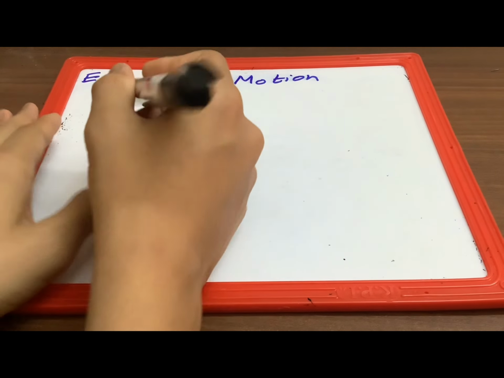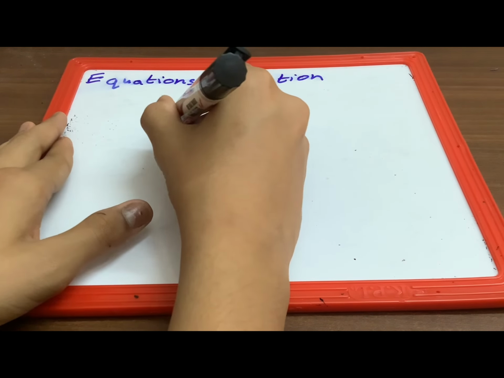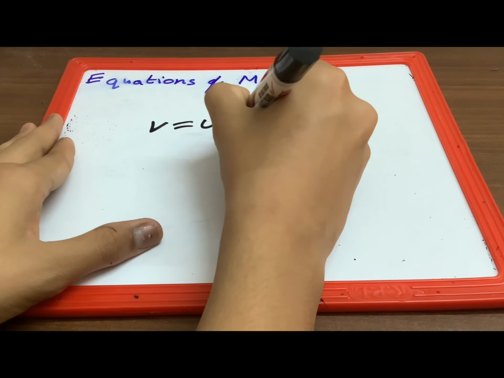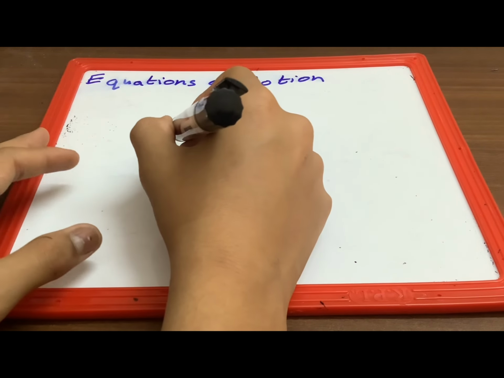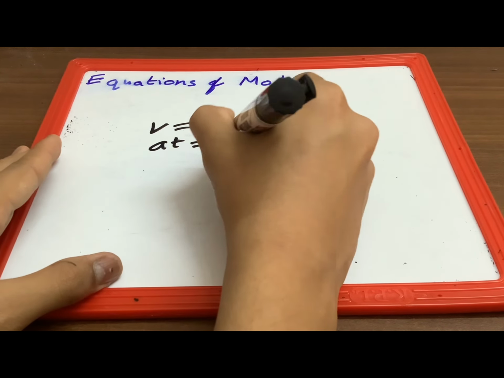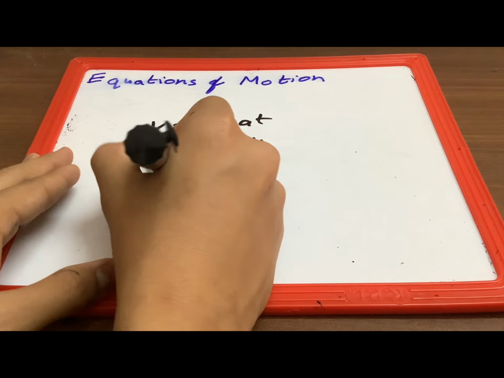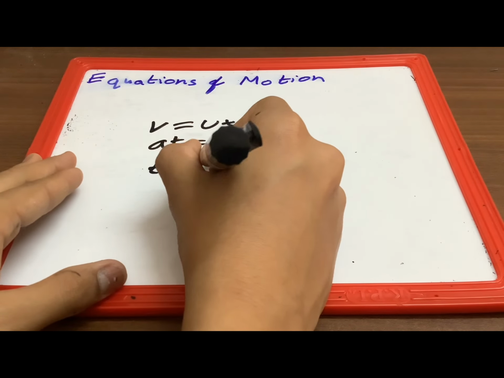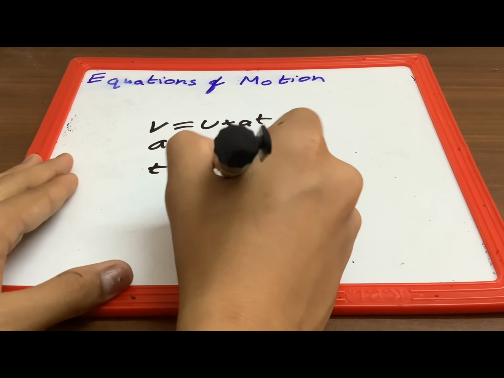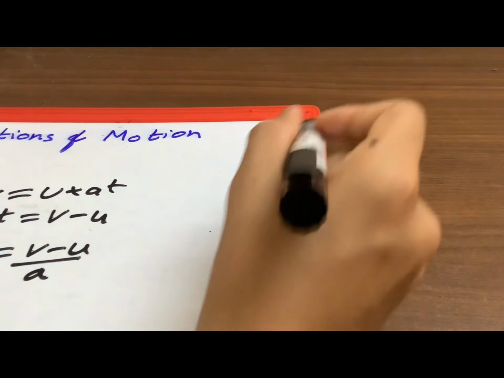Let us start by taking a look at the first equation, v equal to u plus at. Now this means at equal to v minus u, or t equal to v minus u over a. Let's write that down in the corner to remember it.